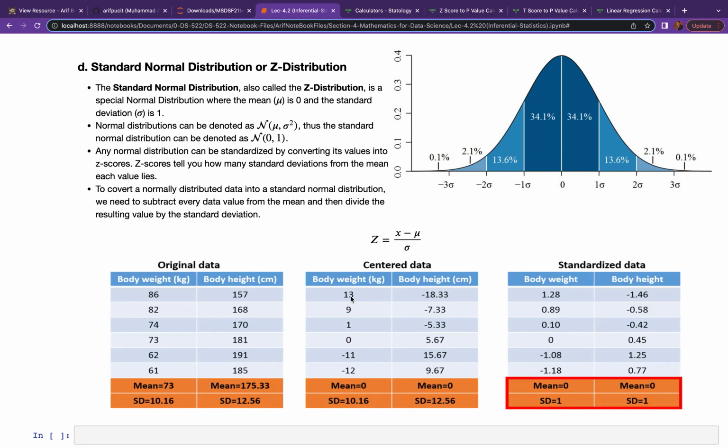For example, we divide 13 by 10.16 and get 1.28. We divide 9 by 10.16 and get 0.89. So this is the standardized data. This column of body weight is now a standard normal distribution or Z distribution, because it has a mean of 0 and standard deviation of 1.